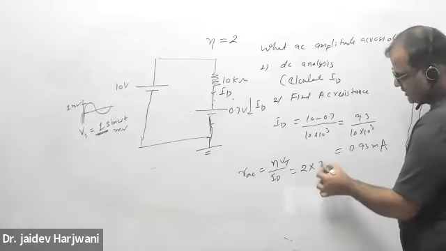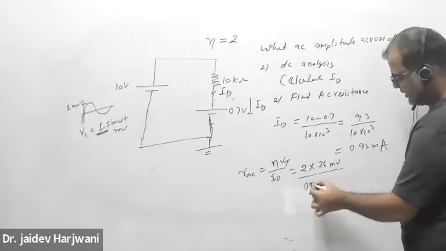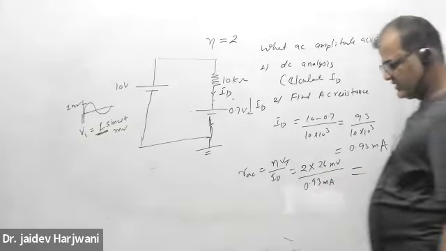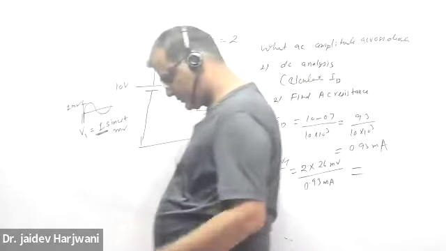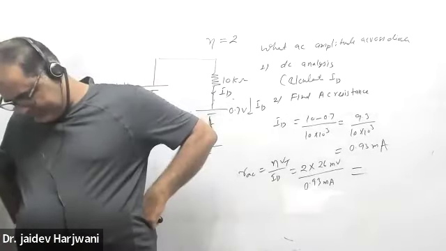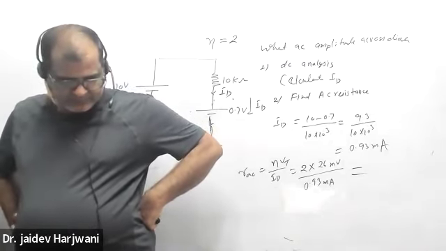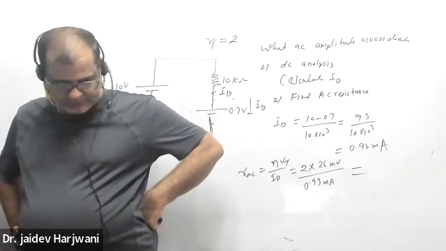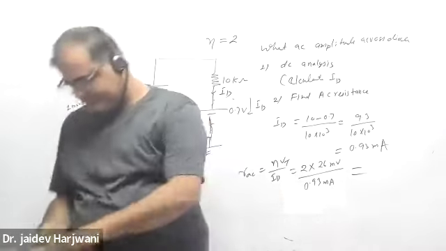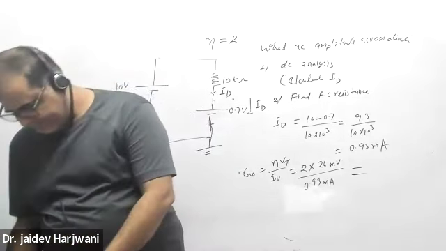So this is 26 millivolt and ID is 0.93 milliampere. How much is RAC coming? Tell me.